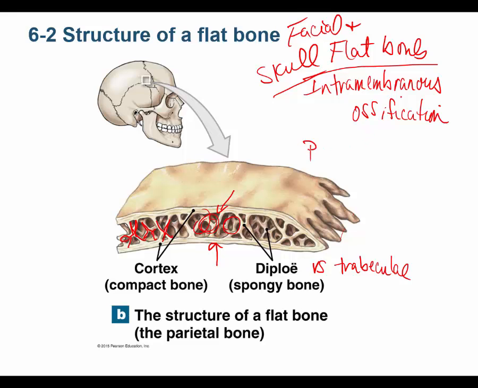And then the rest of the bones are formed by endochondral ossification. So when I look at spongy bone from the flat bones or the long bones, a spicule is a spicule, but in one sense it's diploe, and in the other sense it's trabeculae, depending on how it formed. And that's the only difference there.